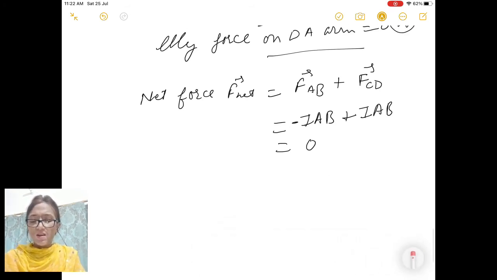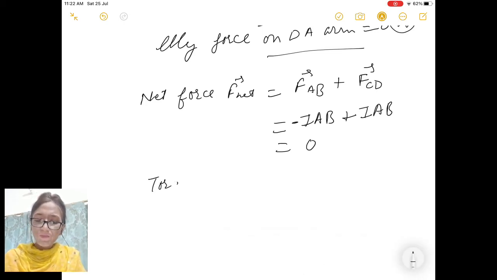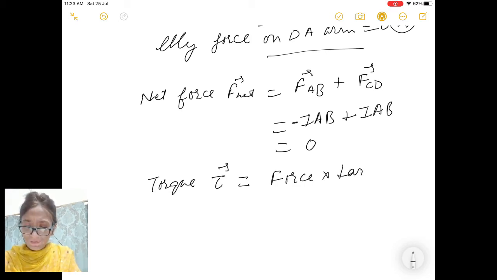Now what is torque? We learned that torque tau is equal to force into perpendicular distance. Any one force, not all forces, any one.